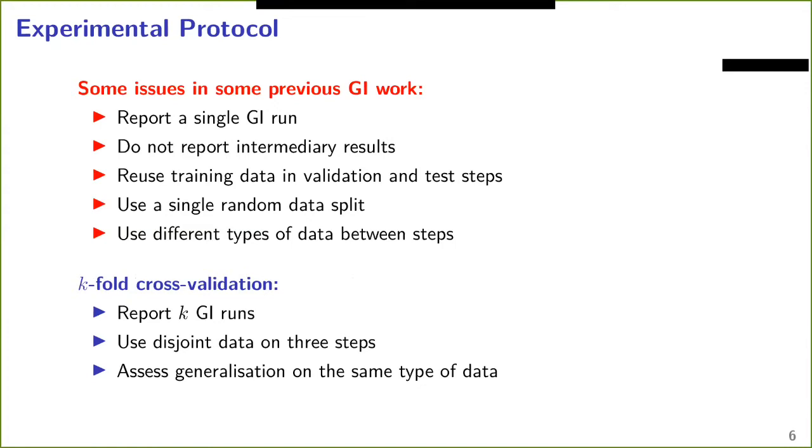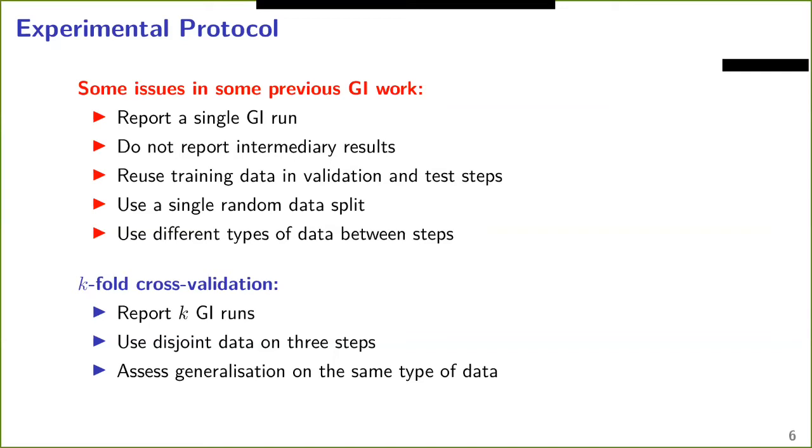Sometimes training data can be reused in either or both validation and test steps. If they report a single GI run, then the split of data between training, validation, and test is only done once. And sometimes the different steps use different types of data.